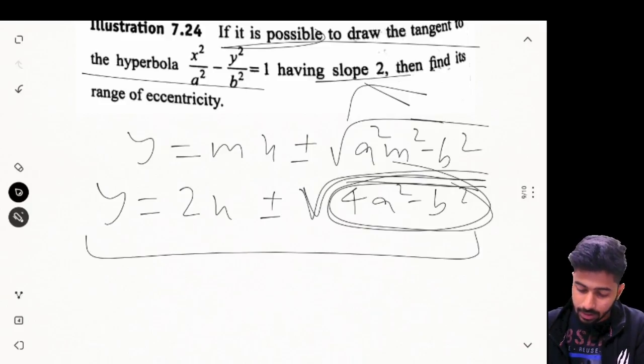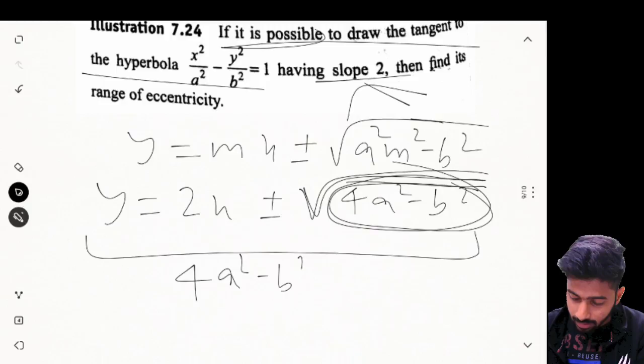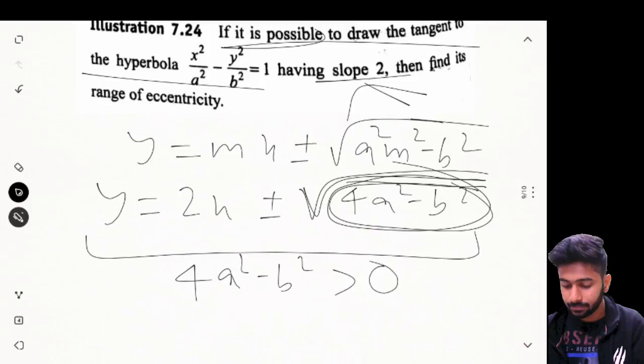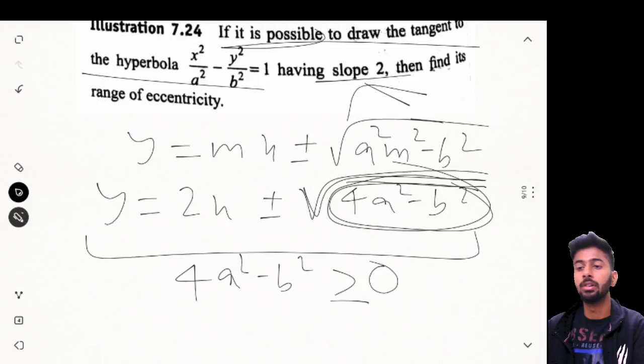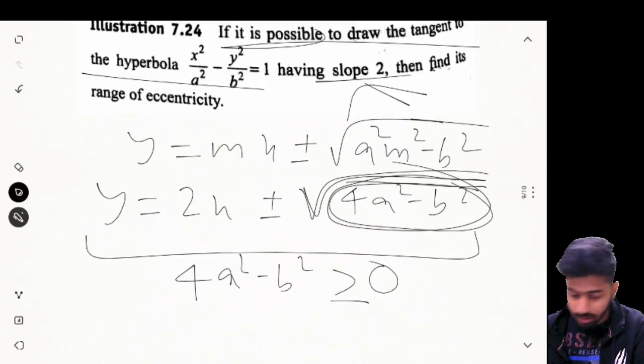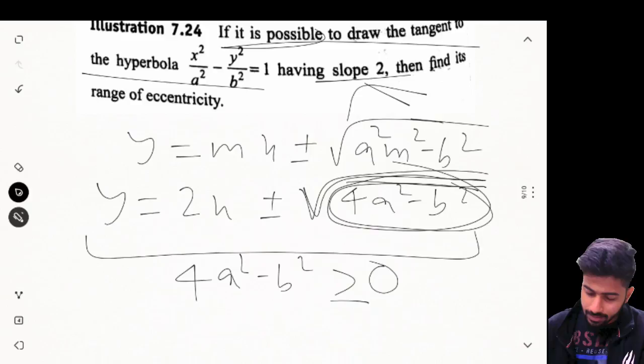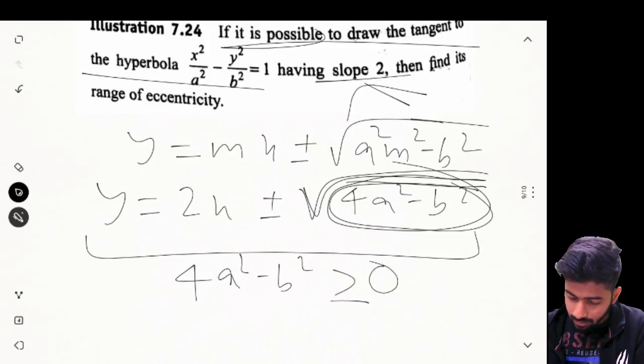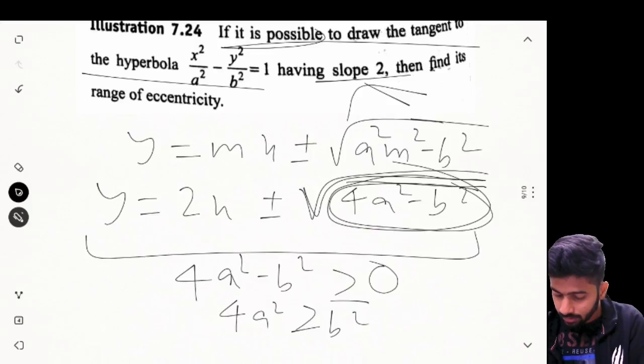So it is possible to have slope 2 only if your 4a square minus b square is greater than 0, or for that matter equal to 0. Right? It has to be greater than or equal to 0. So what I have is, from this, 4a square should be greater than or equal to b square.